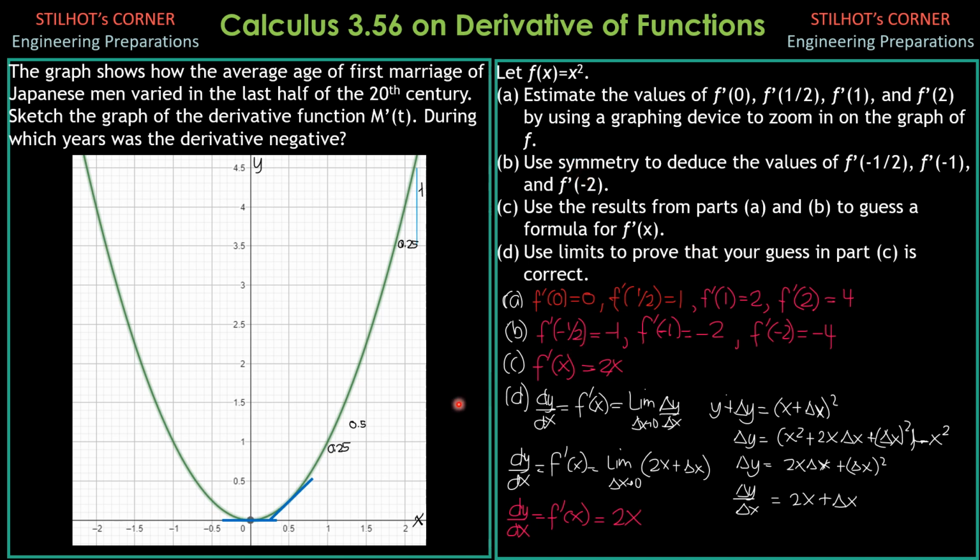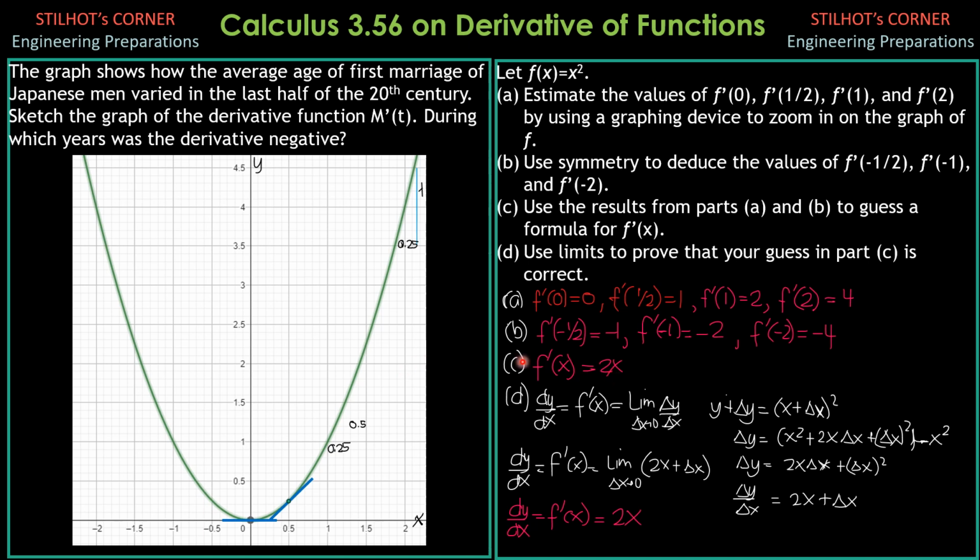Then for part B, by symmetry, f prime of negative 1/2 is negative 1, the negative of this value, because the graph of the parabola is symmetric with respect to the y-axis. F prime of negative 1 is the same here but negative, so it is equal to negative 2. Then f prime of negative 2 is also negative 4. So by guessing, because we notice that the slope doubles, we guess that f prime of x is 2x.